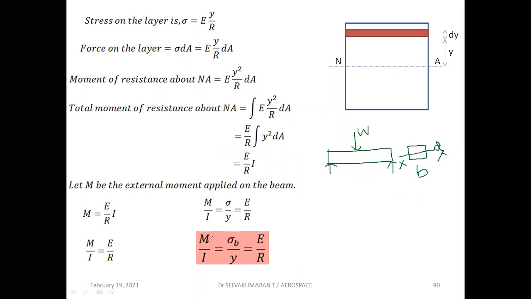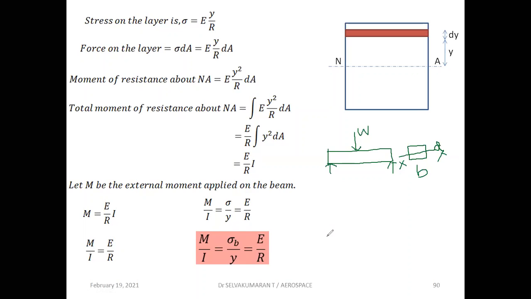Now M, for example: we have seen most of the beams with standard loading. A simply supported beam subject to a point load in the middle: what is the M value? WL by 4. Simply supported beam subjected to an eccentric point load: WAB by L. Simply supported beam subjected to UDL throughout: WL squared by 8.